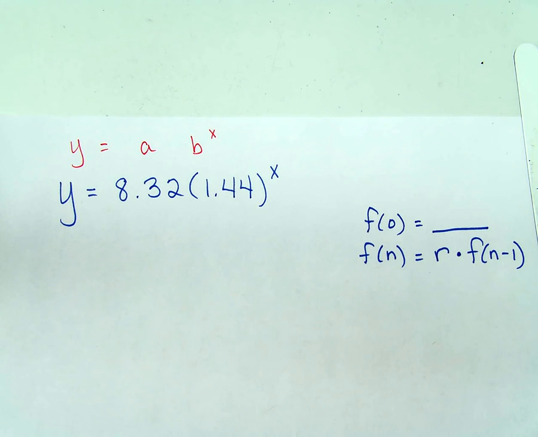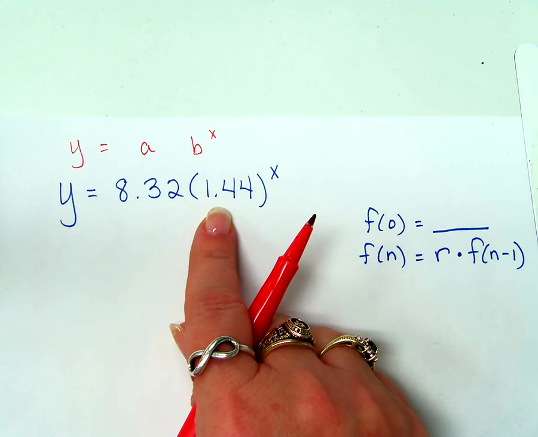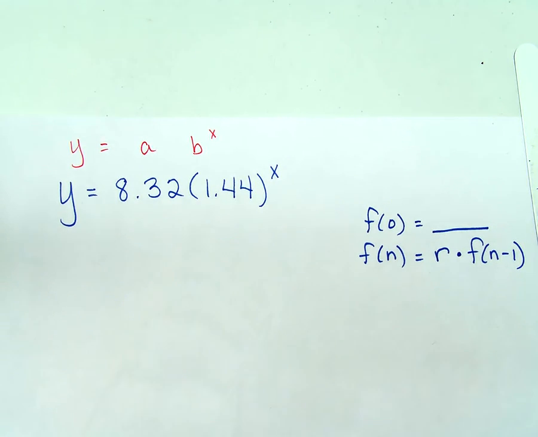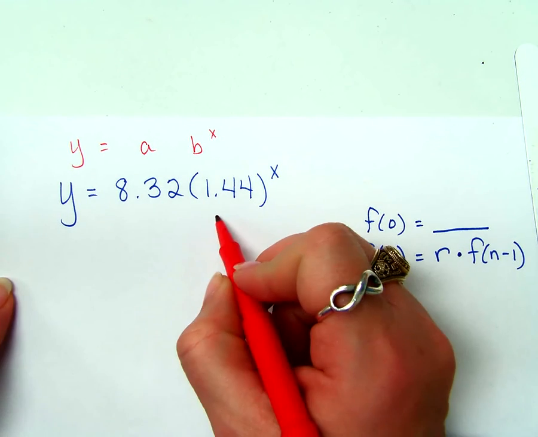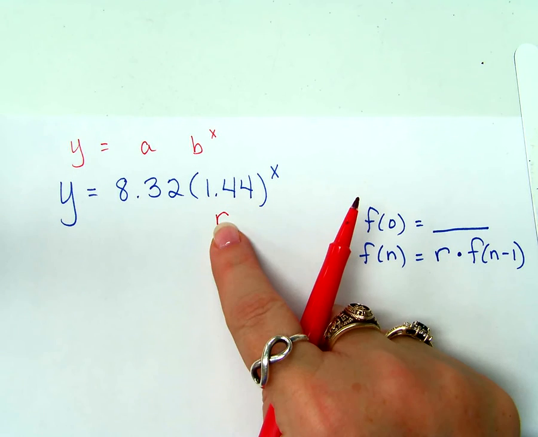If we had an equation like this, was our r somewhere in the equation? Our ratio. It is, right? Where is it? Yeah, it's our base, isn't it? Our base is our r value.